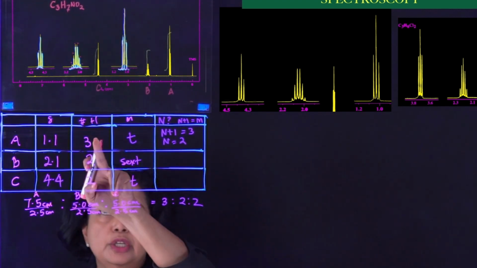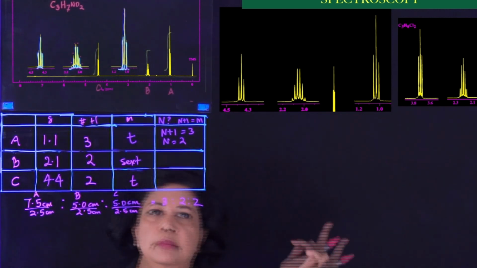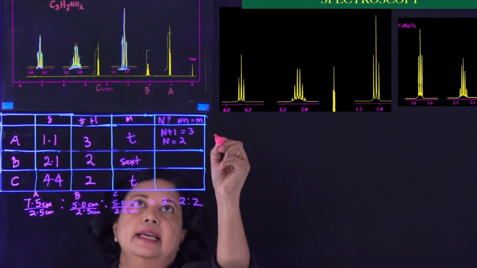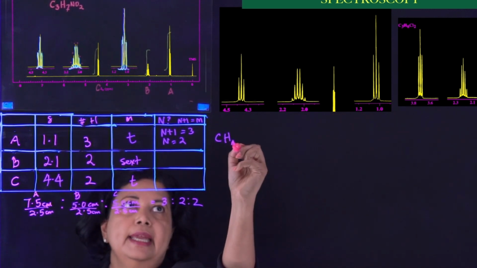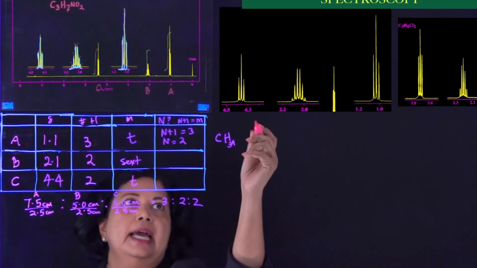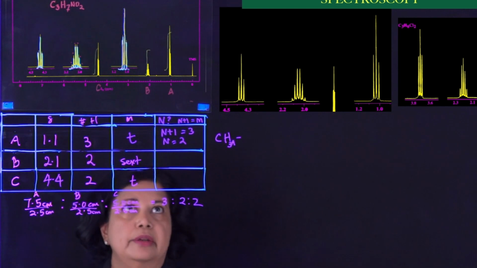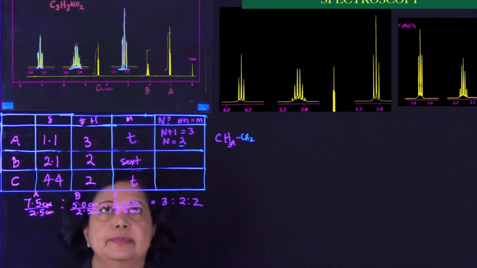It's got 3 hydrogens on that carbon with 2 neighbors. So you can think of this as CH3 being your A, that's 3 of them here, and next to that are your 2 neighbors. So these are your neighbors here. All right, so that's a pattern that you can see.